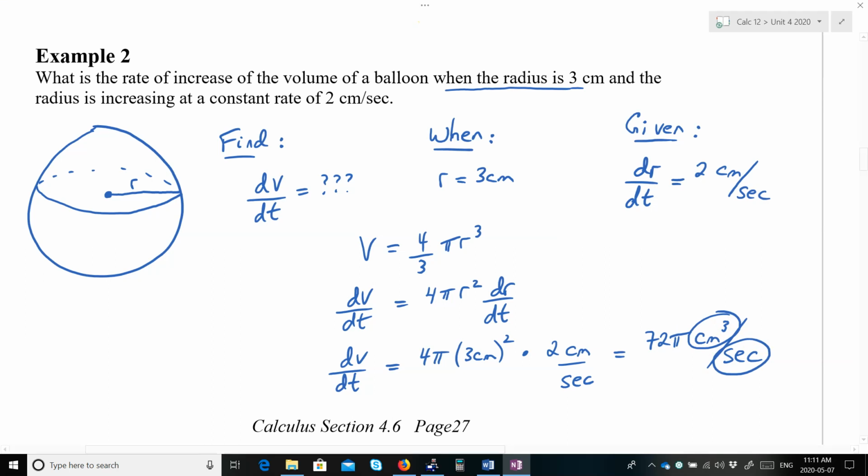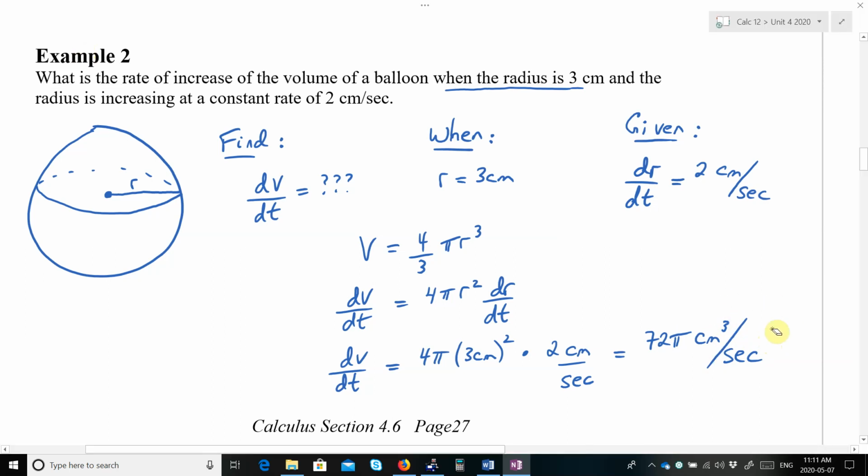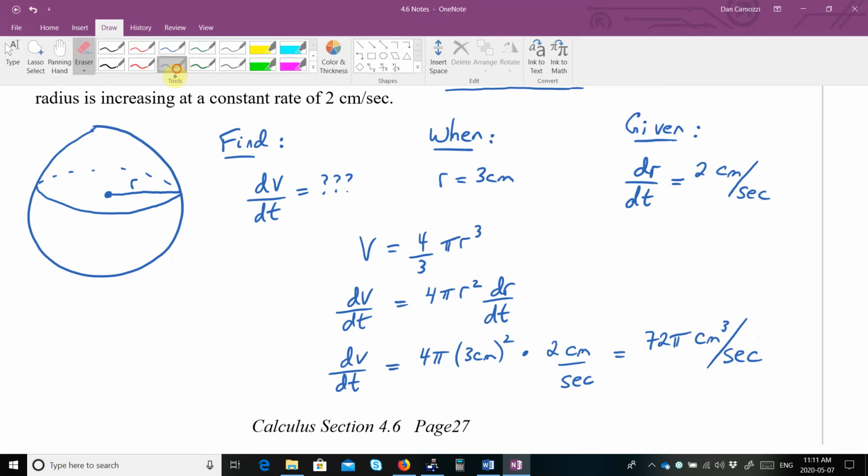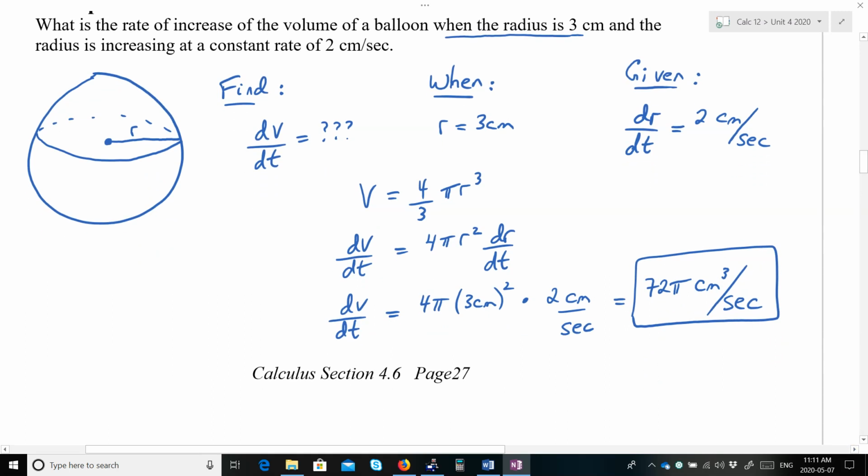Remember, volume is in cubic units. Okay, so that's how quickly the volume is increasing right at the instant that the r hits 3 centimeters.